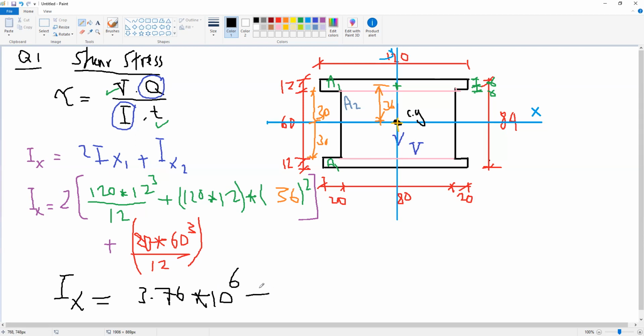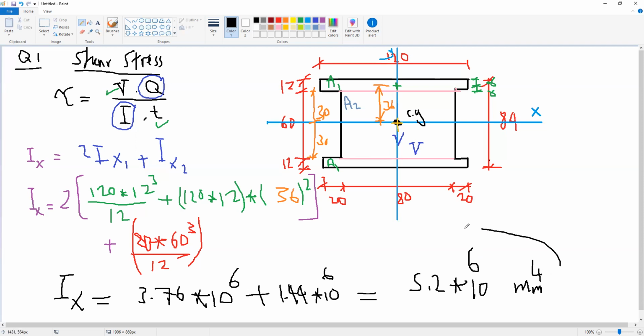This is the first part, which is 2Ix1, plus 80 times 60 to the power 3 divided by 12, equal to 1.44 times 10 to the power 6. So the total inertia for this section will be 5.2 times 10 to the power 6 millimeter to the power 4. So this is the inertia of this cross section.